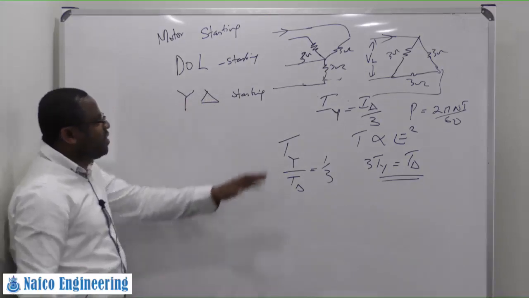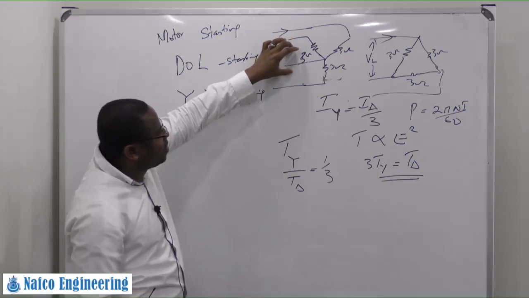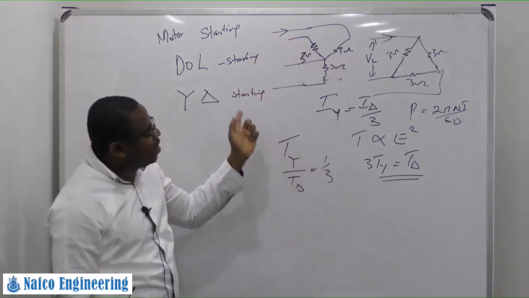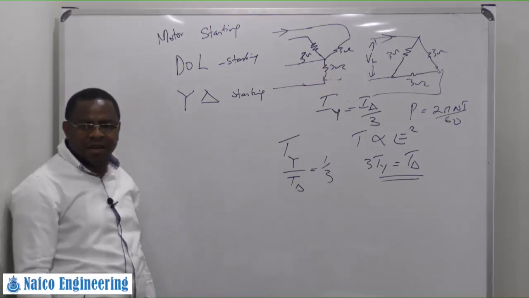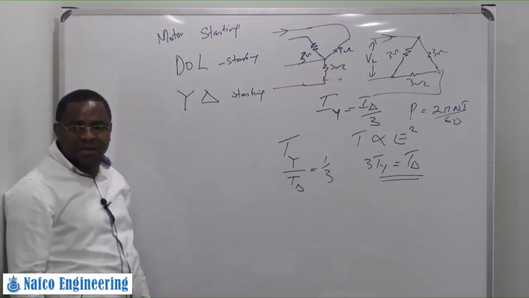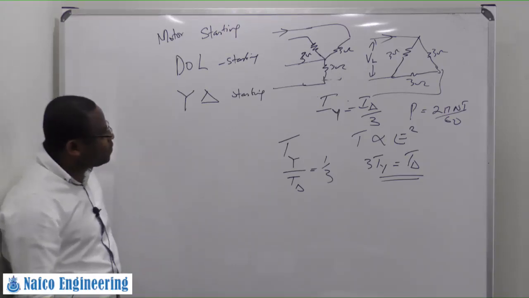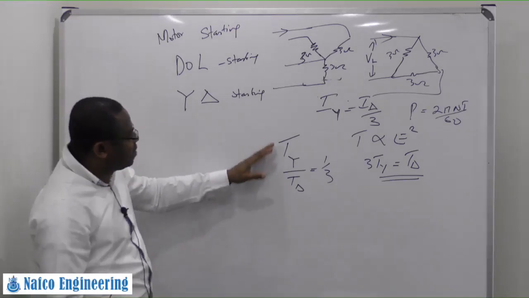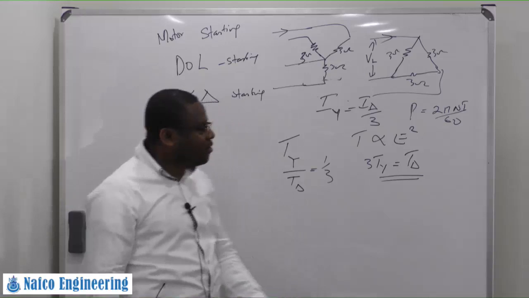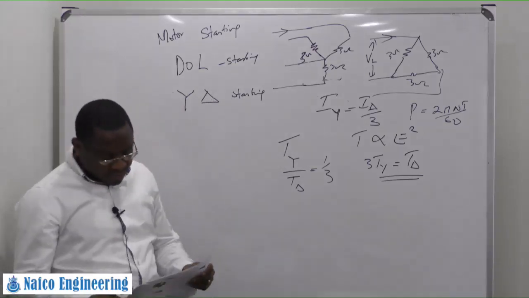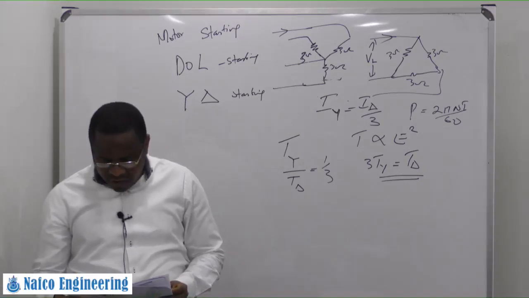If you start with a star connection, the torque will be small. Immediately you connect to delta, it increases the torque by 3. Okay? So just need to know that. The torque in delta will be 3 times the torque when it is star connected. I think that's a few things we should know.